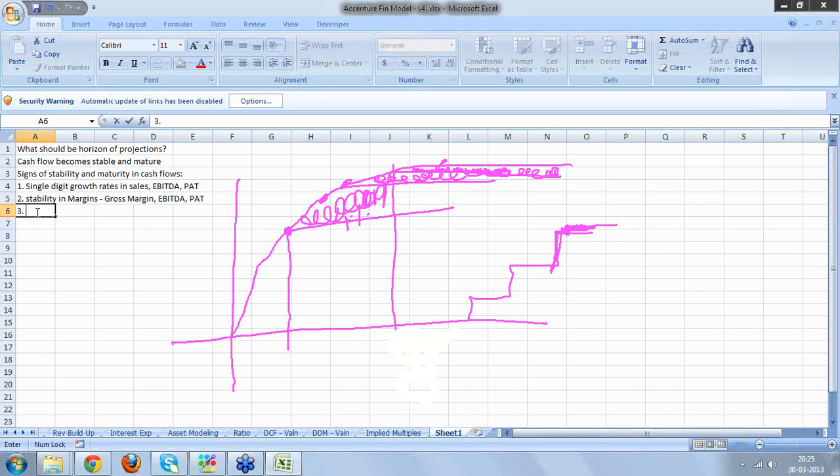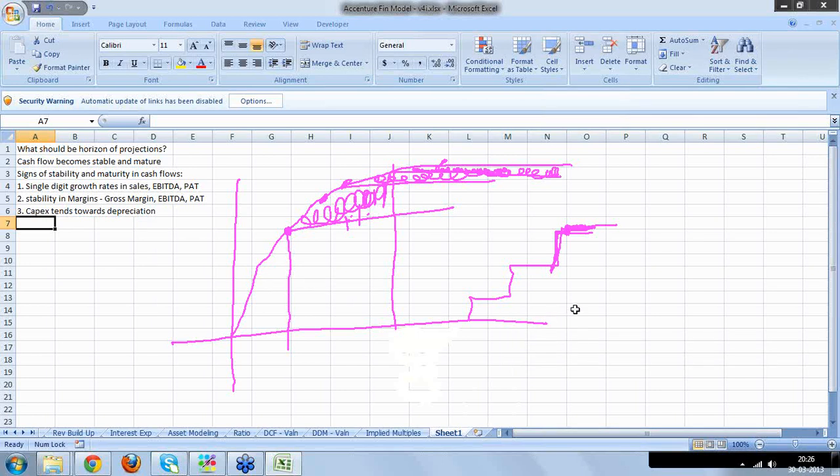Now the third thing is CapEx tends towards depreciation. That's the third sign of stability in cash flow. What I am essentially saying is the entire impact of CapEx may not come in the same year in which the CapEx has been done. It takes a company about a year or two to actually invest in a manufacturing facility.